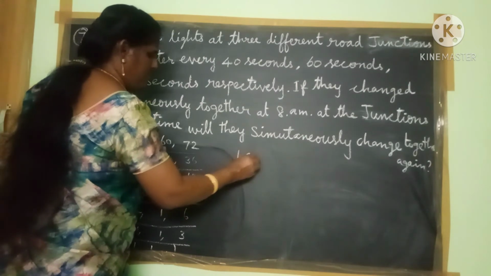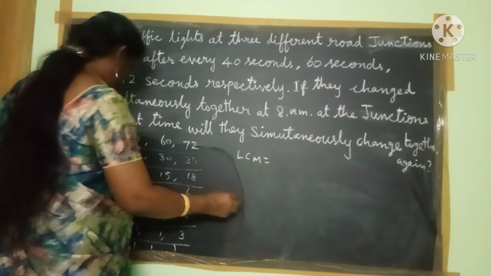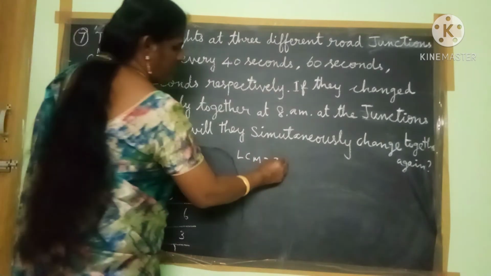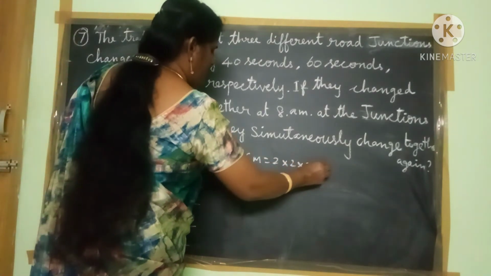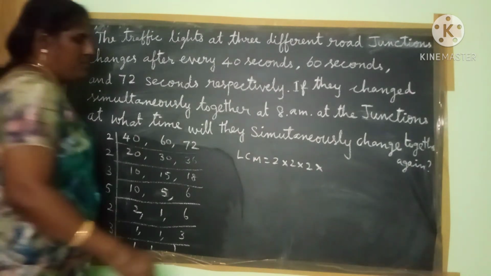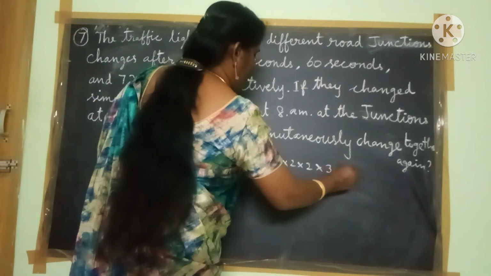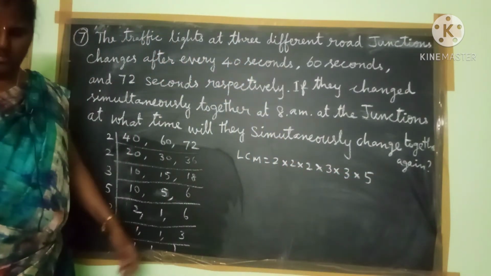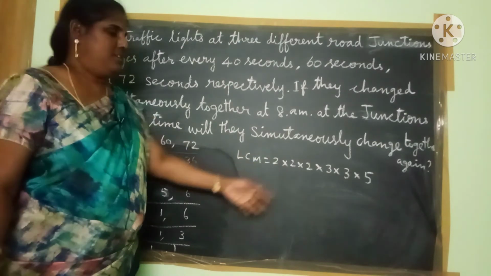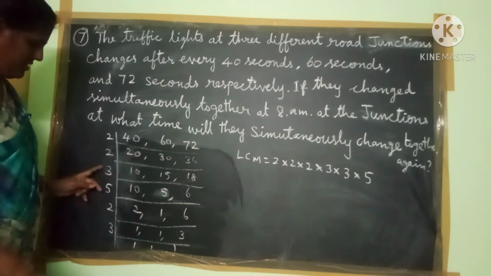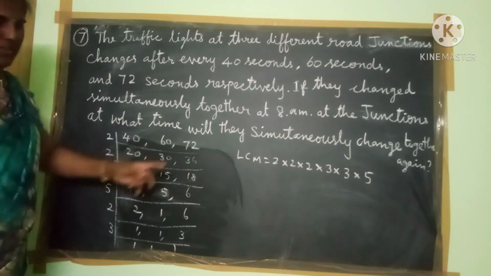So what is the LCM of the numbers? LCM is equal to 2 into 2 into 2, 3 twos are there. How many 3s are there? 2 threes are there. 3 into 3 and 5. Just write the factors in ascending order. So 3 twos are there, 2 threes are there, and 1 five is there.